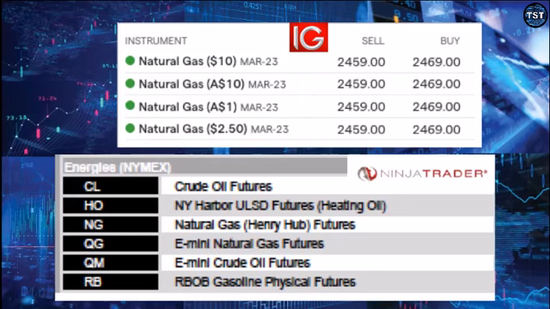In contrast, Ninja Trader uses the code NG for full $10 natural gas futures contracts and QG for E-mini natural gas futures. Note too that very few brokers, if any, will offer all financial instruments, and not all brokers offer micro contracts.